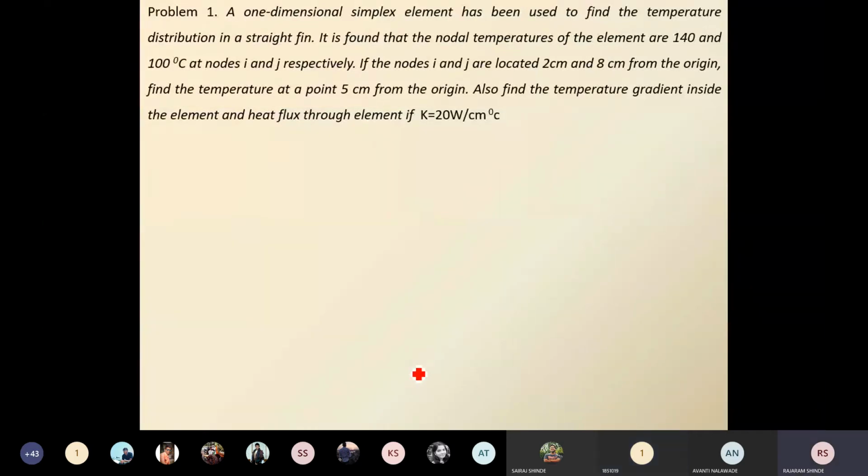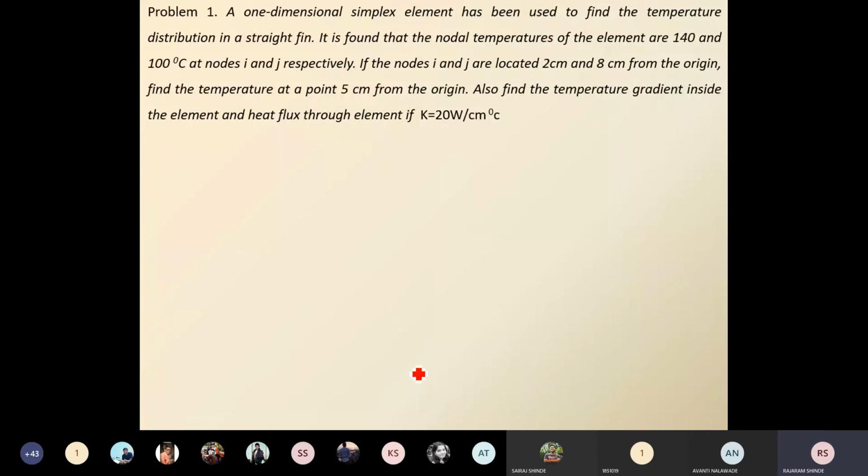A one-dimensional simplex element, simplex means linear element, you have to remember, has been used to find the temperature distribution in a straight field. It is found that the nodal temperatures of the element are 140 and 100 degree centigrade at nodes I and J respectively.